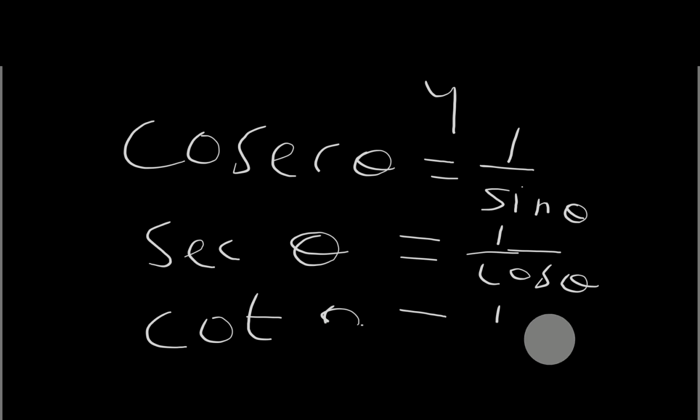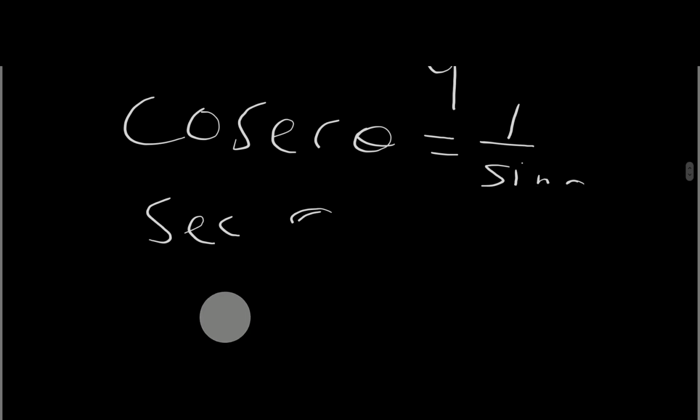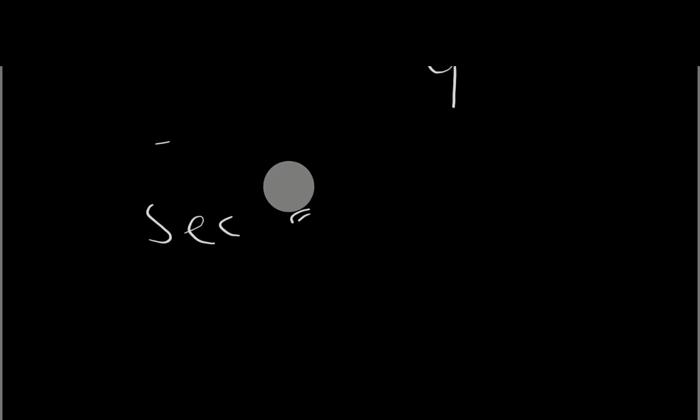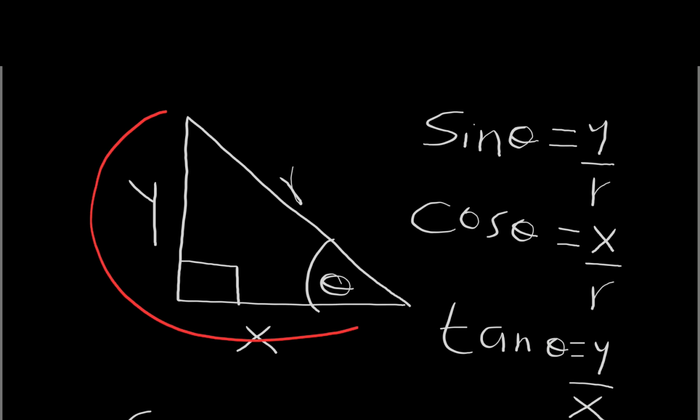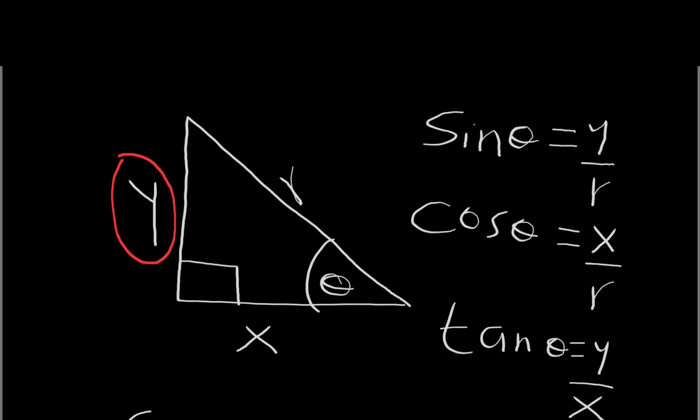Now, let's proceed with our work. Okay. So, from this diagram, we know that using Pythagoras theorem, when you square the opposite and add it to the square of the adjacent, you're going to get the square of the hypotenuse.